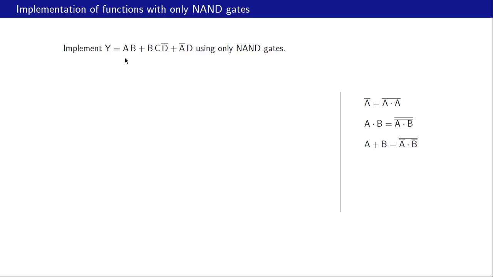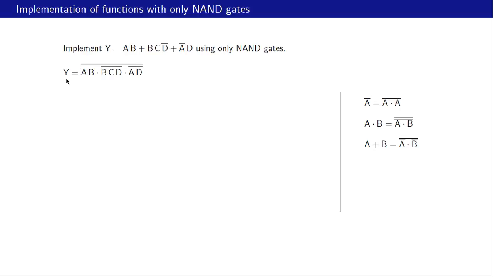Alright, so let us write this in this format, like that. So this AB can be treated as A, and since we have A bar here, we have AB bar, and the same thing applies to these terms as well.